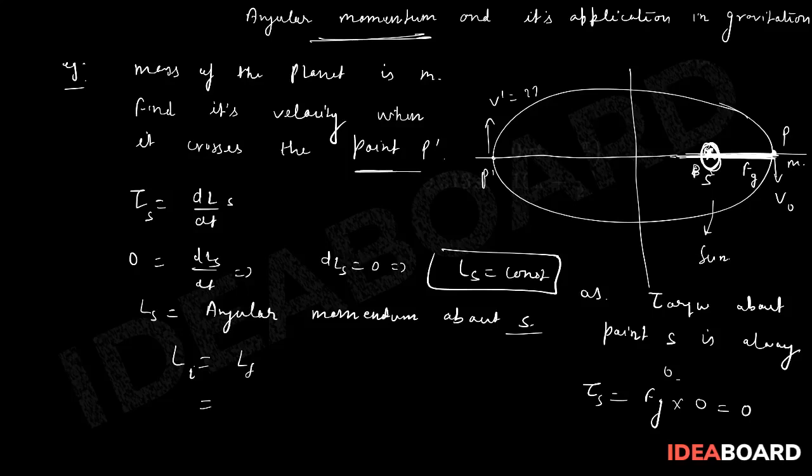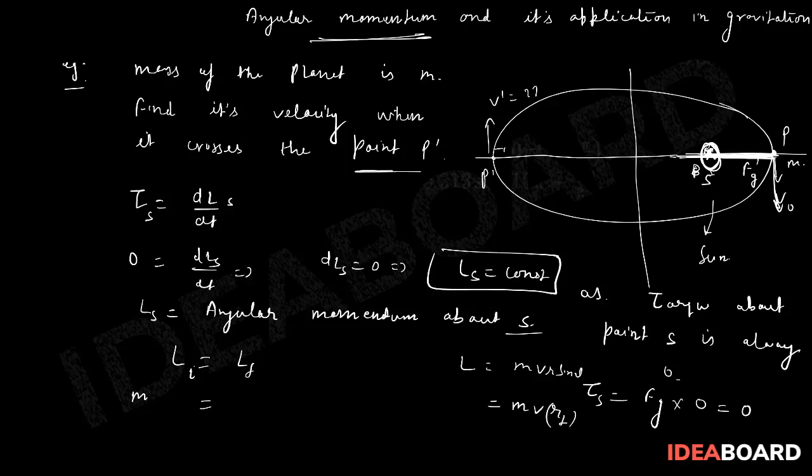final. So initially the angular momentum of this satellite or planet is, we know that L is equal to mvr sin theta, but here in both positions theta is equal to 90 degrees, or else we can say mv into r sin theta.